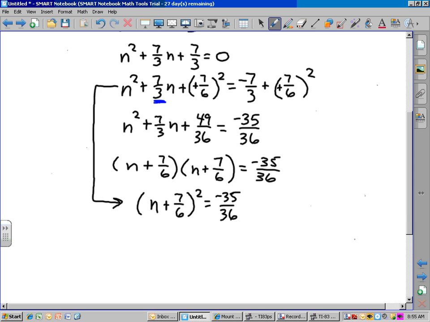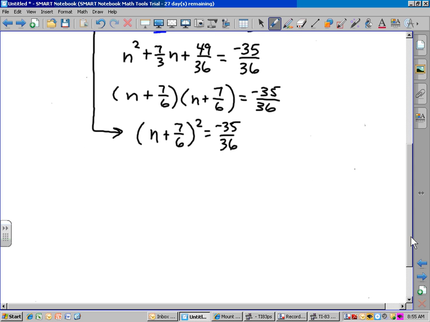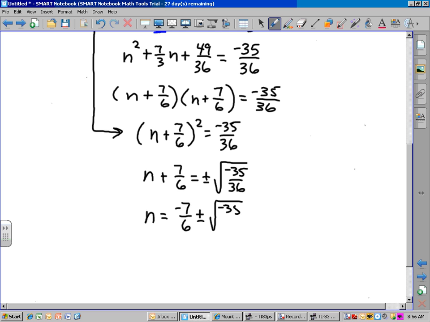To finish solving, we're simply going to take the square root of both sides. Solve for n. Now we're going to deal with the radical.